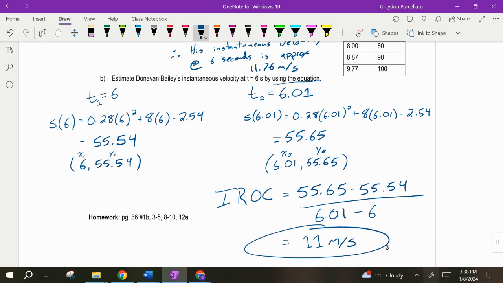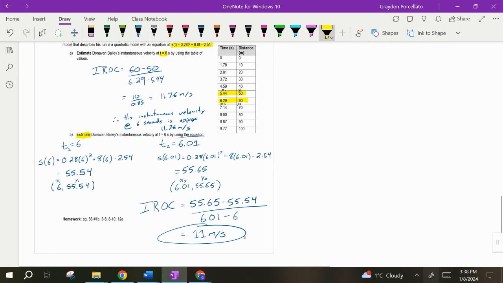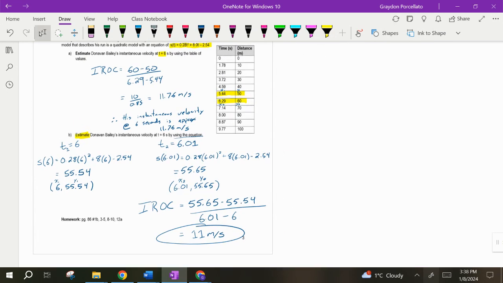Okay. Notice our values are not the exact same. Our solutions from A and B are not the exact same. They're relatively close, but again, these are estimates, right? That's the key here. We're not determining the exact instantaneous rate of change. We're estimating. Okay. That hopefully made sense.